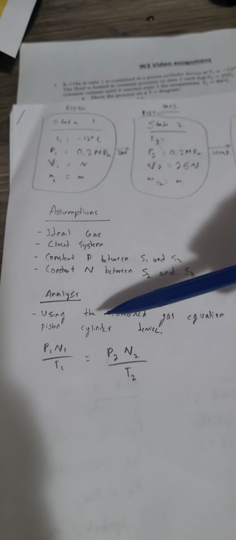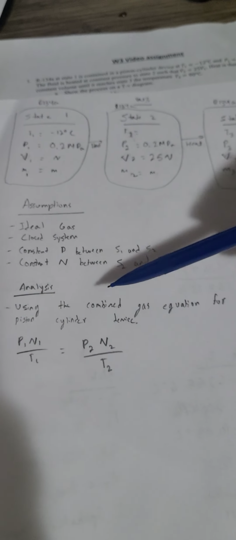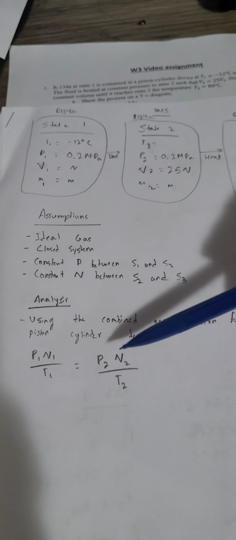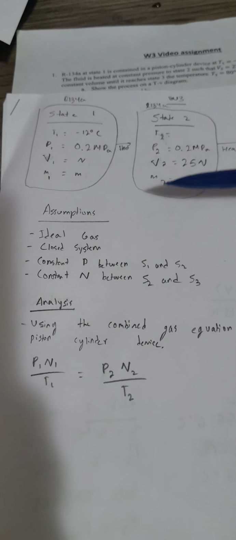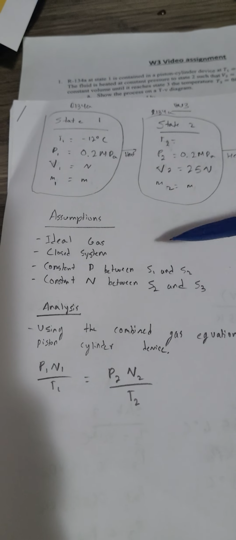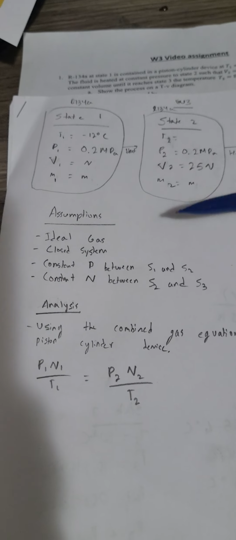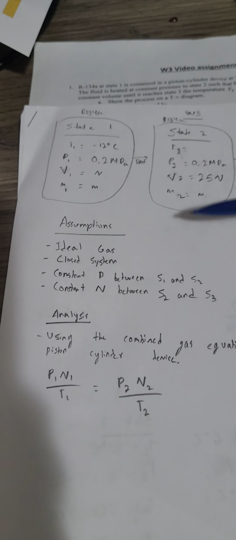In analysis, I decided that I would use the combined gas equation in the piston cylinder to find what's missing, to find the saturation pressure and saturation temperature, to be able to determine what state it is, what phase.